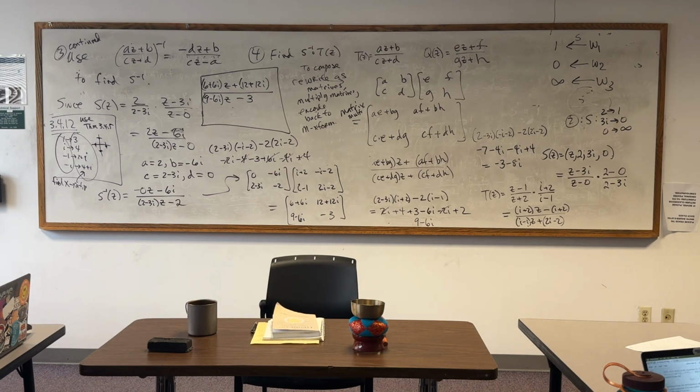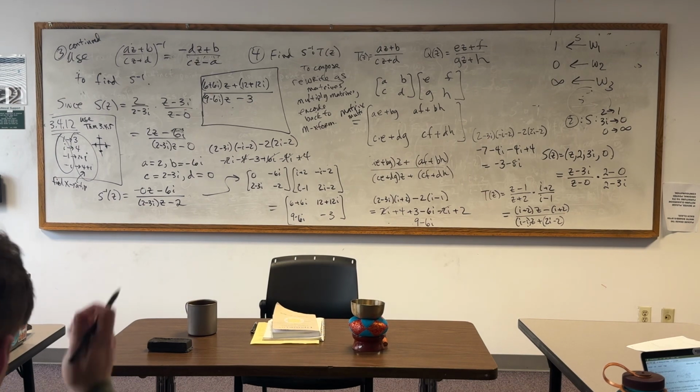Let's say we've got AZ plus B over CZ plus D, and that's T. And then S equals something else, EZ plus F over GZ plus H.